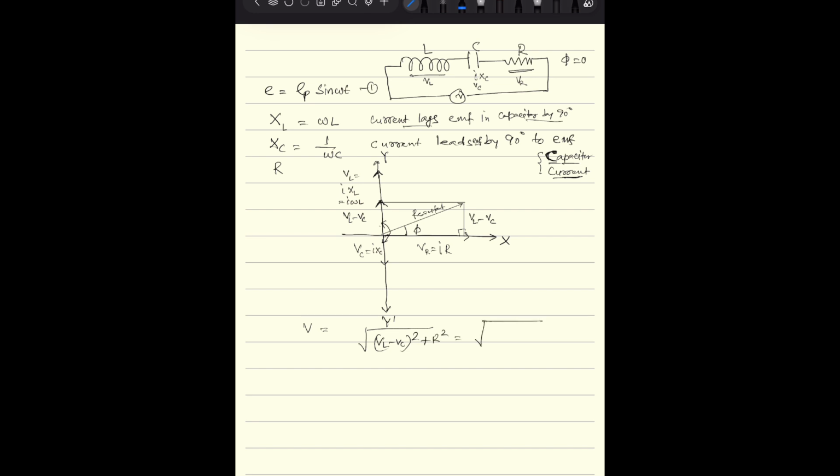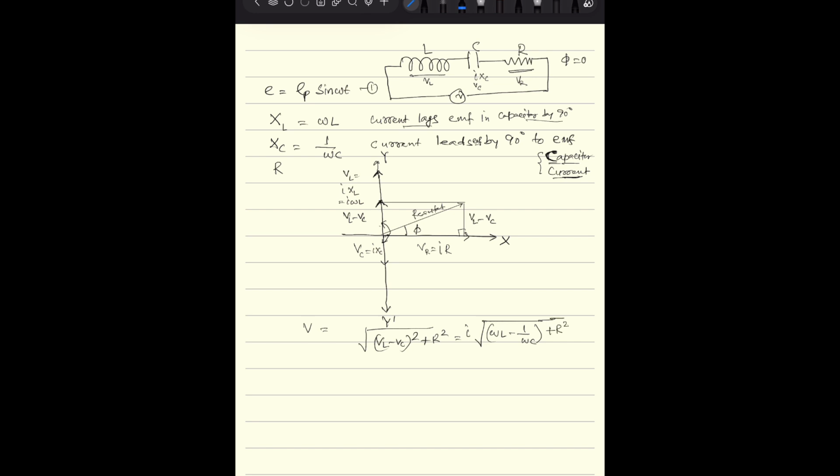If we put in the values, I is common and can be taken out, and this becomes I times the root of (omega L minus 1 by omega C) whole square plus R square.